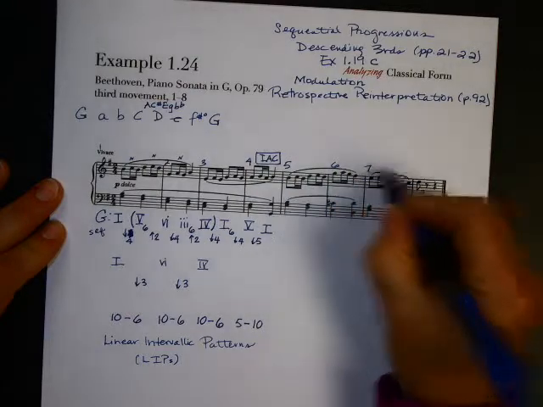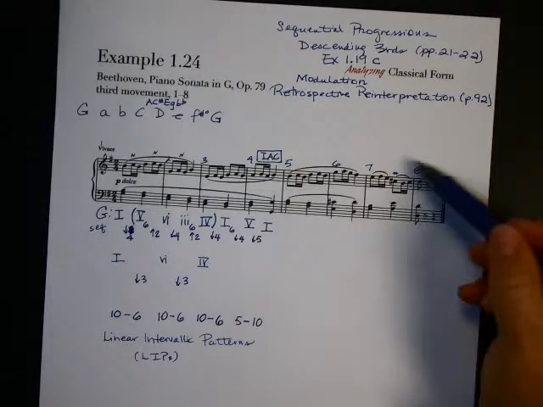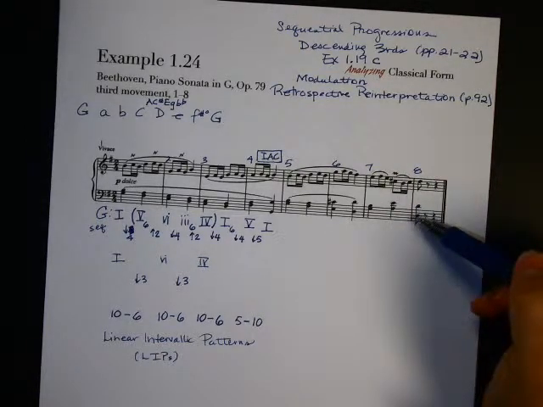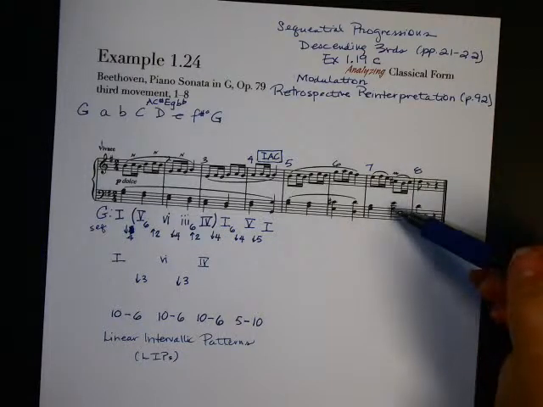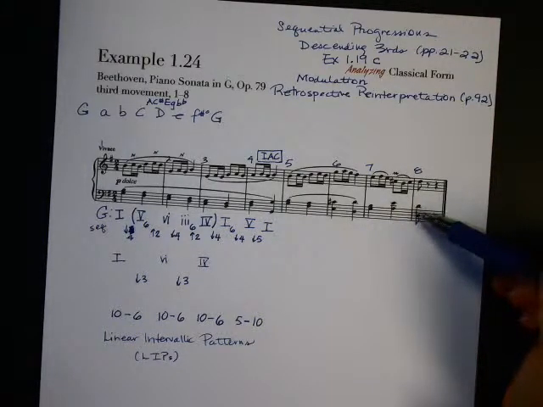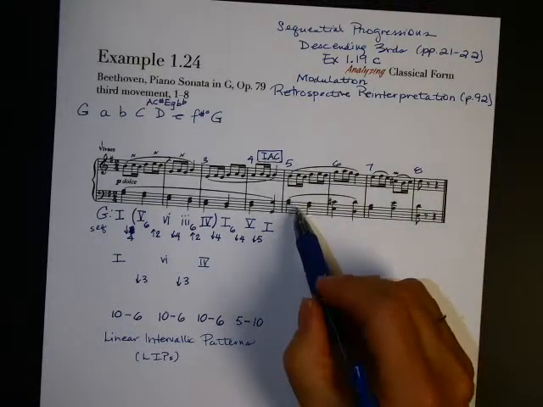We mentioned earlier that measures 7 and 8 cadence in the key of D major. In fact, this looks like a perfect authentic cadence in D major. A, D, C sharp, D. Measure 5 is an exact repetition of measure 1.